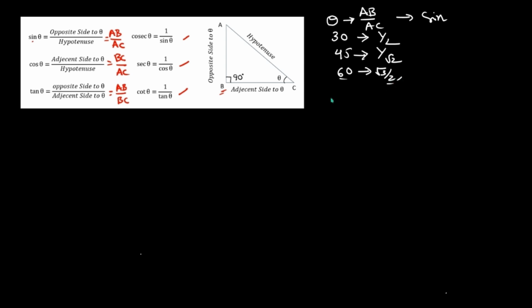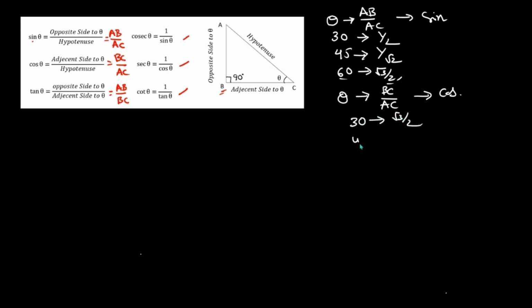Similarly, if you take the other ratio, the adjacent side to the hypotenuse, that is also related to theta. If you take the adjacent side, BC, and the hypotenuse, this we denote as cos. Here is the ratio for 30 degrees: this ratio is √3/2.